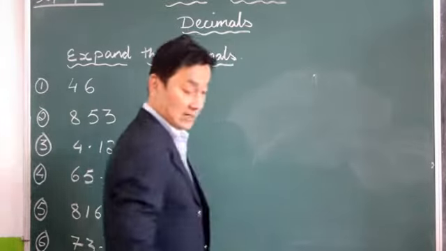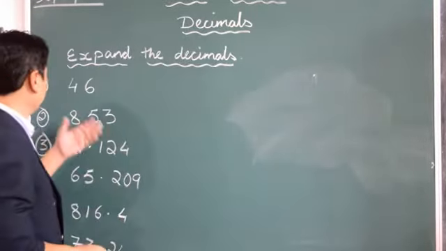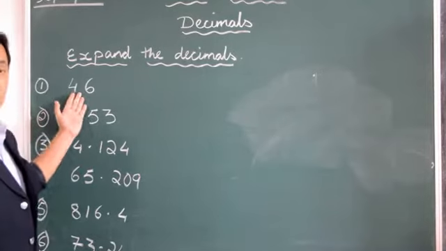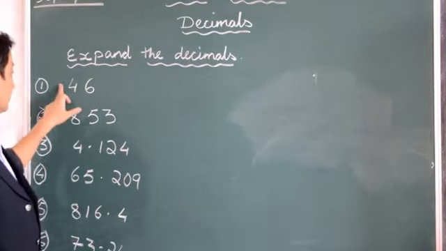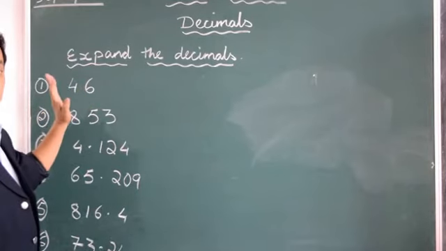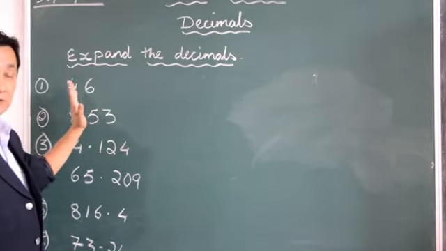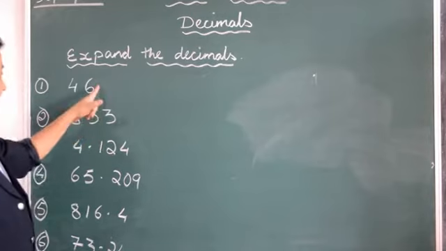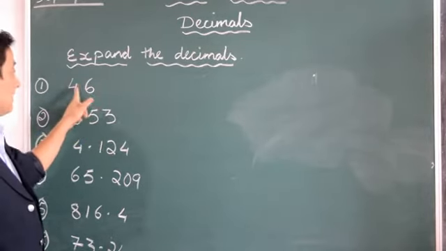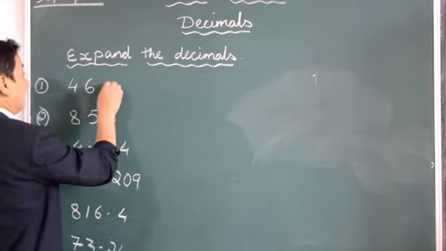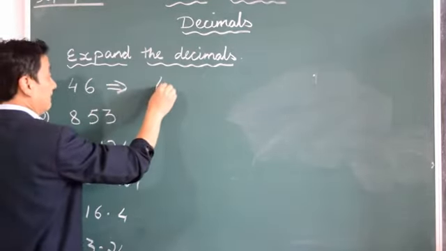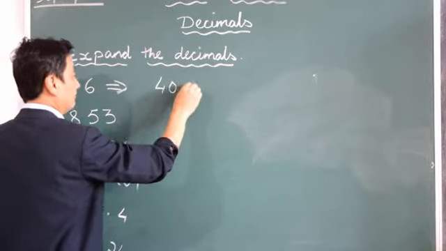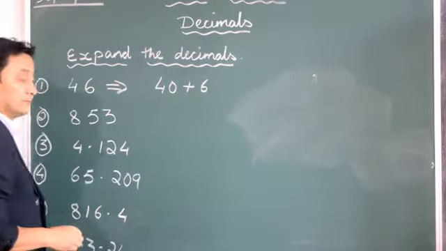Now let's begin our work for today. So we have got 46. This is a whole number. There's no decimals here. Whenever there's no decimals, you must understand the decimal point should come after this number. So when we expand 46, we can write 40 plus 6.